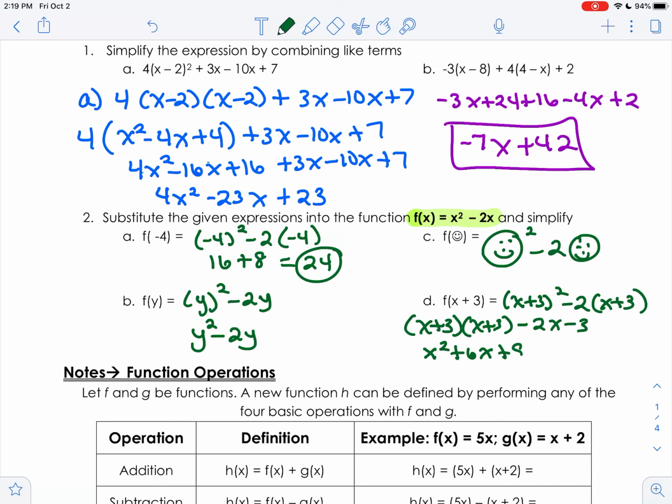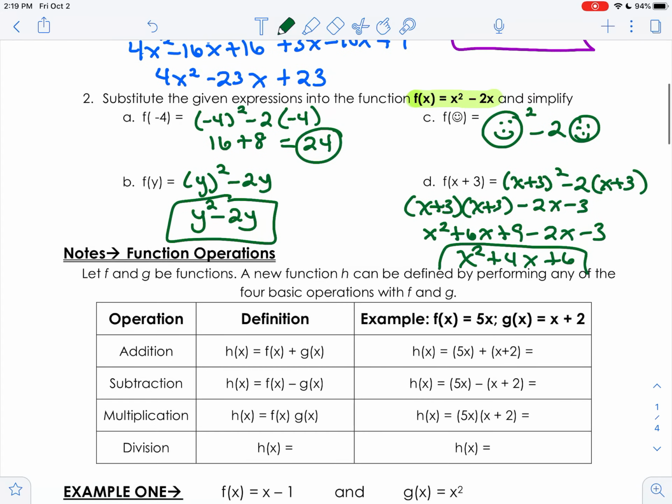So that FOILs out to x squared plus 6x plus 9 minus 2x minus 3. Combine like terms, and we get x squared, we get 4x, and we get plus 6. And that is our final answer.